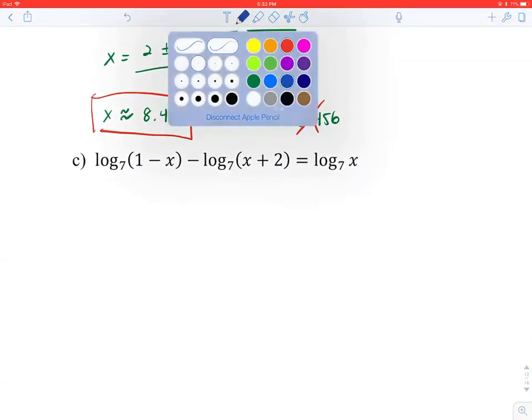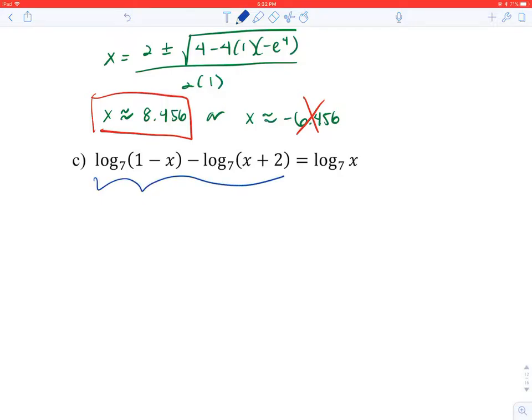Alright, we'll do the last one. Okay, so rewriting this as a single logarithm, so log base 7 of 1 minus x times x. Oh, this isn't plus. Sorry. So because this is a difference of two logarithms with the same base, this will be log of 1 minus x over x plus 2.